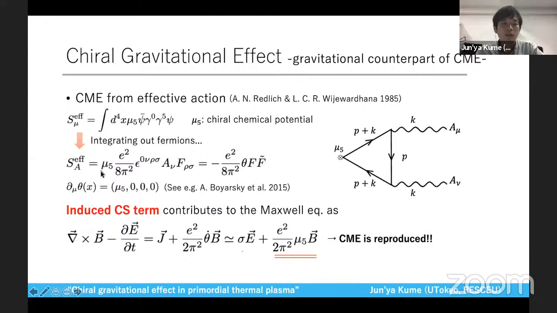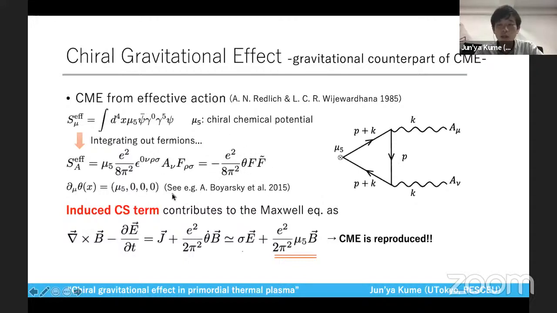This leads to the induction of a Chern-Simons term here. This is just introduced for convenience, which makes a more familiar form like theta F F dual. Anyway, the asymmetric fermion background causes the induction of a Chern-Simons term.